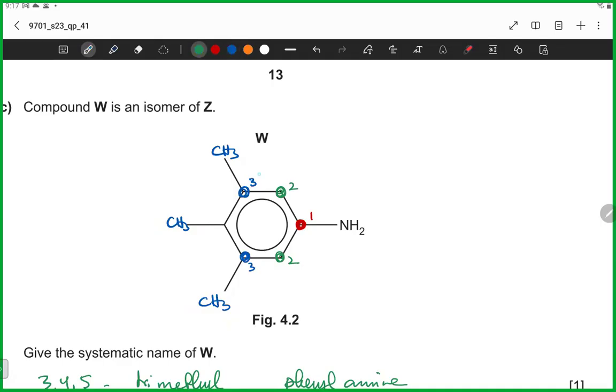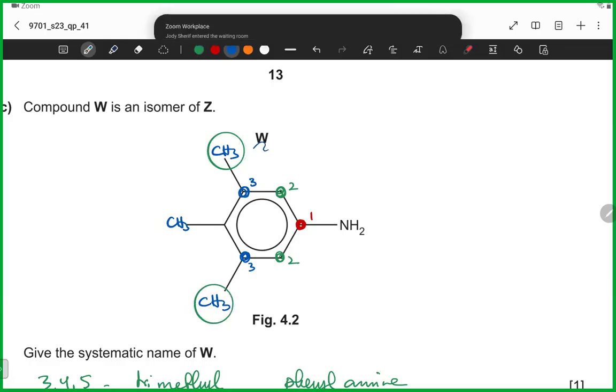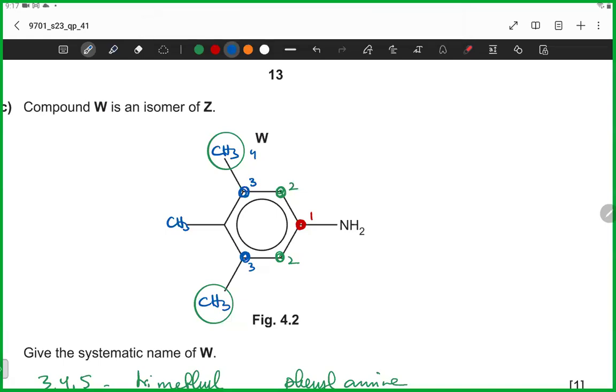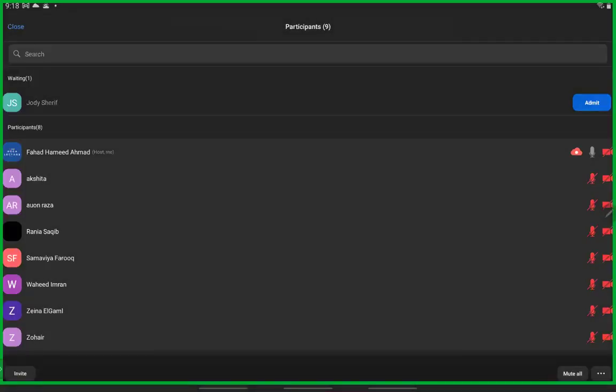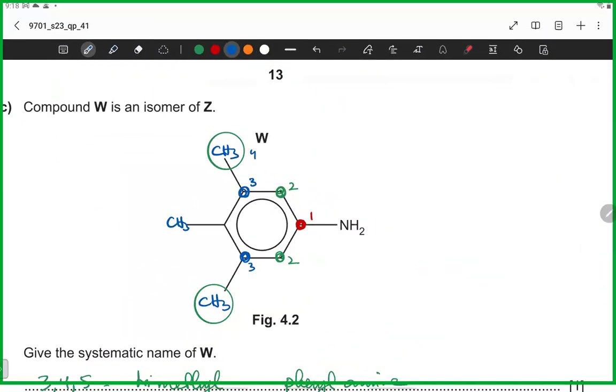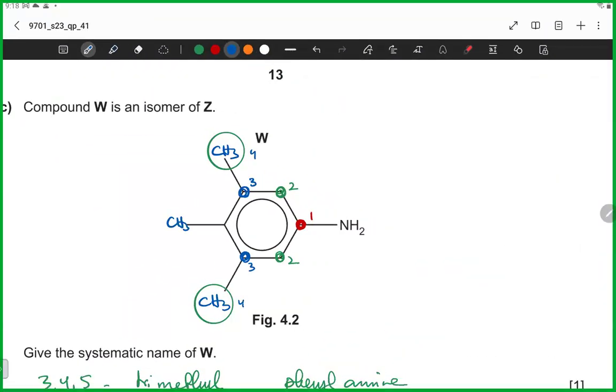Then these two carbons are bonded in exactly the same way, so this one is going to be my fourth peak.